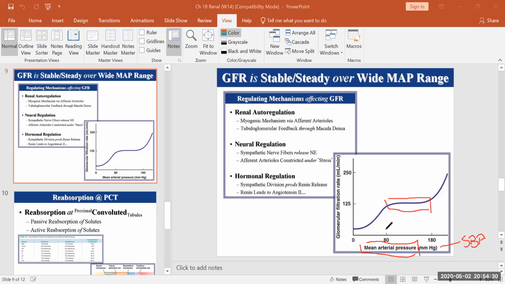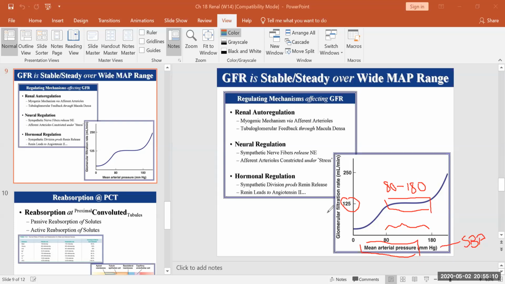When your systemic pressure fluctuates over 100 millimeters of mercury, between 80 and 180, yet in the glomerular bed your glomerular filtration rate remains the same at 125. It is maintained. The blood pressure remains the same so that you can have the same glomerular filtration rate.